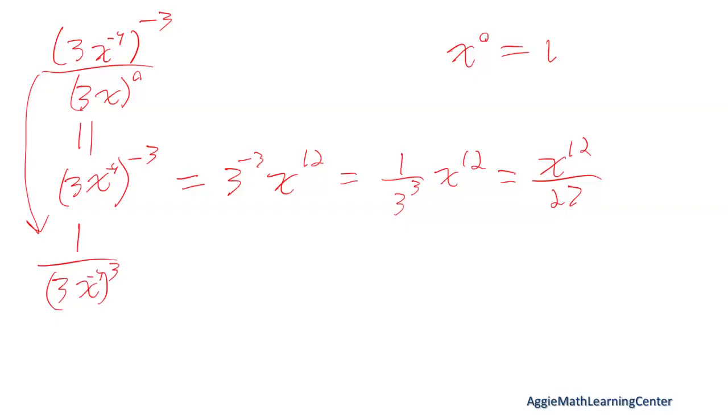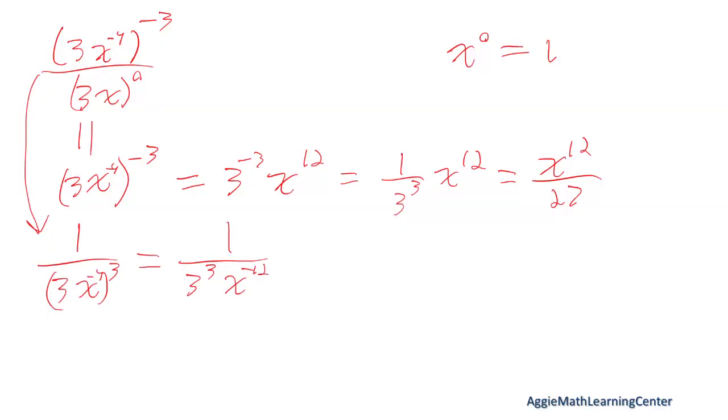You could. And then if we simplify that, that's the same thing as 1 over 3 cubed x to the negative 12th. And then x to the negative 12th brings it up to the numerator, and it's going to give us the same answer.